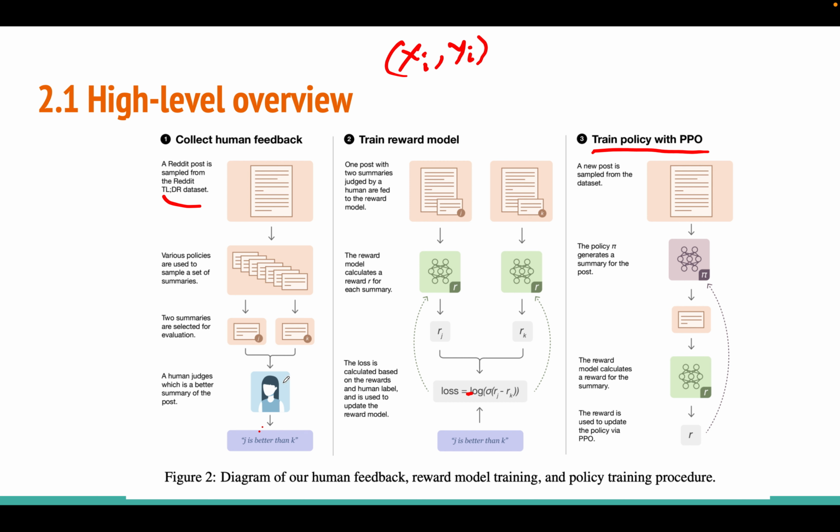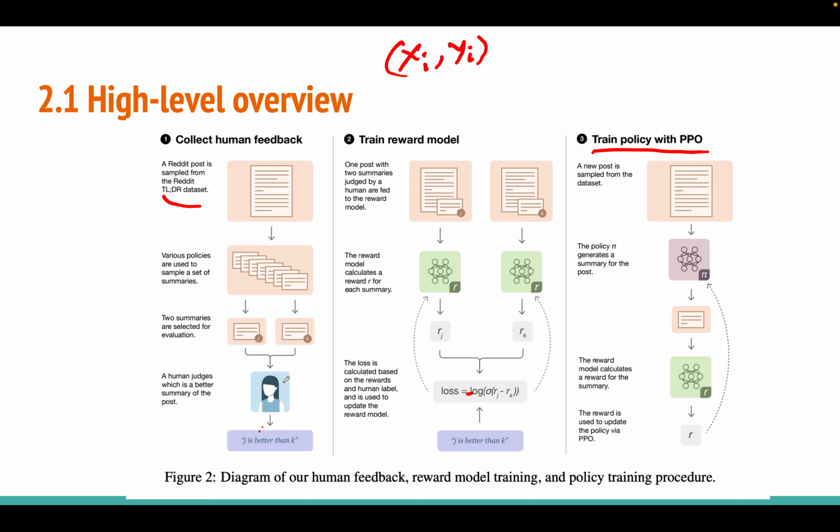For example, if you have J, since the human says J is better than K, we want to increase the reward for J and reduce the reward for K, because K is not good and J is good. So this is the typical loss function. We will see the actual equation in the later section when we go to the reward model section. But the loss is computed like this.